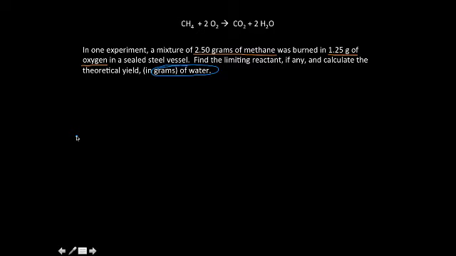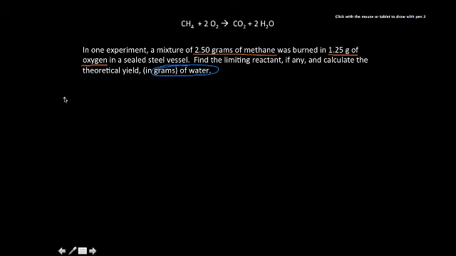And so the best option here is for us to do two gram to gram conversion bridges, one using methane as the reactant and one using oxygen as the reactant. So that's what I'm going to go ahead and do for you here.